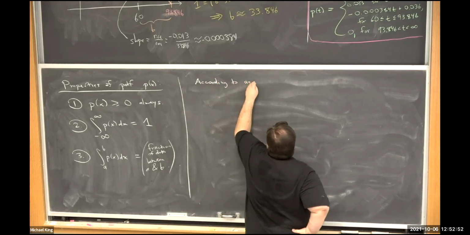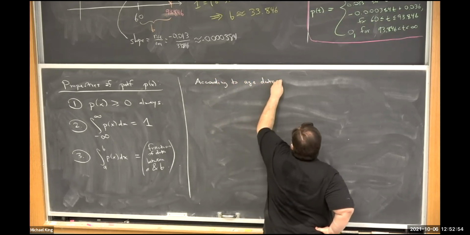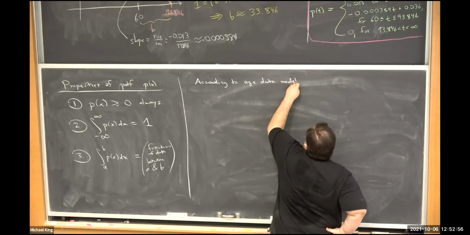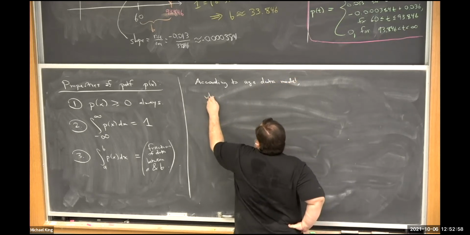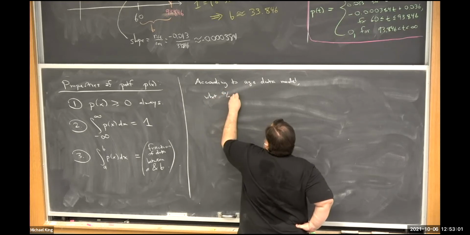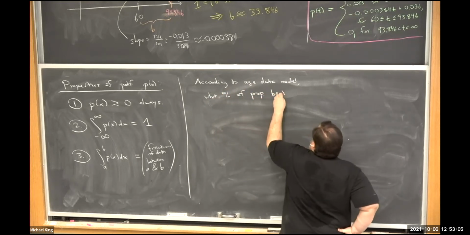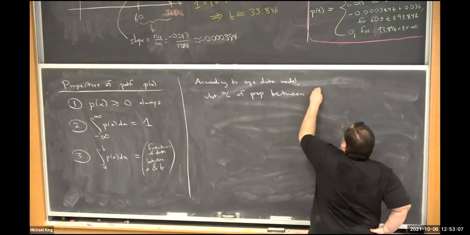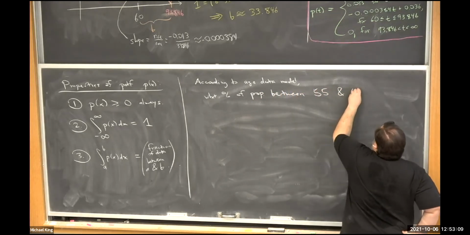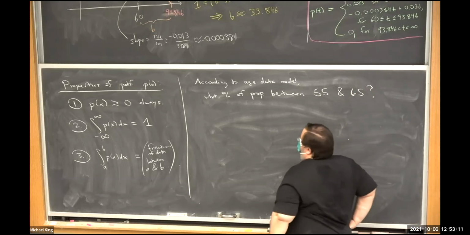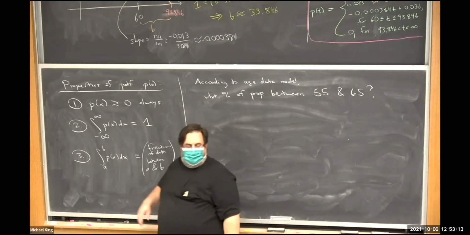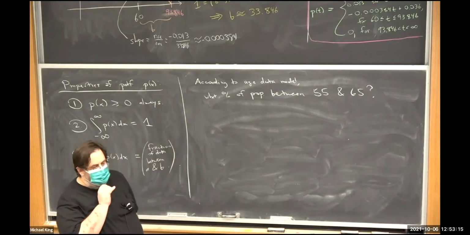According to the age data model, what percentage of the population is between 55 and 65? Okay, well, how can I write that as just a very abstract expression?